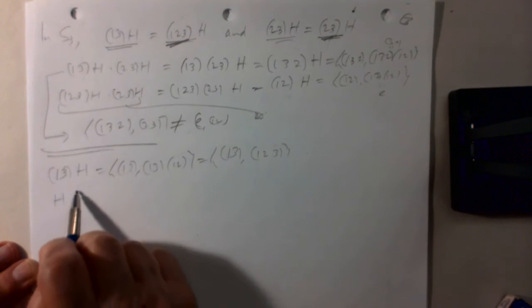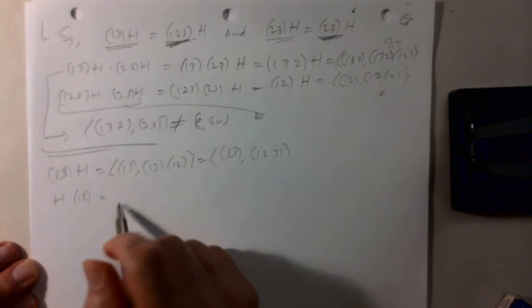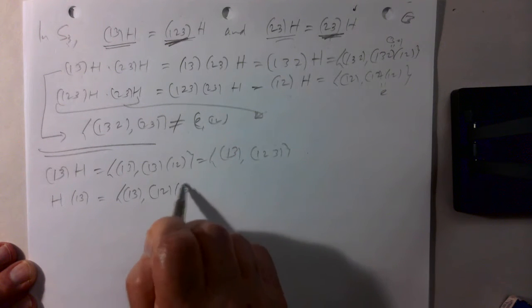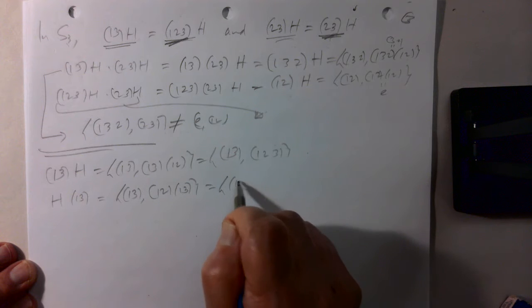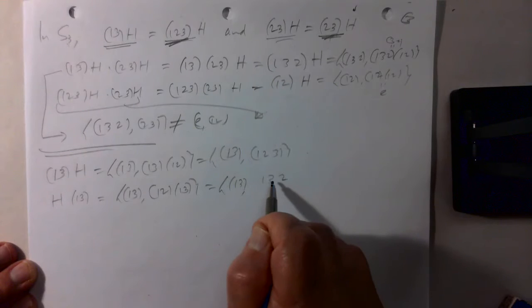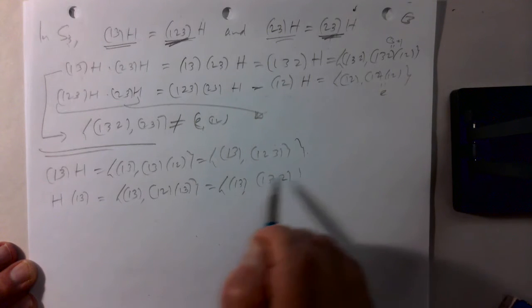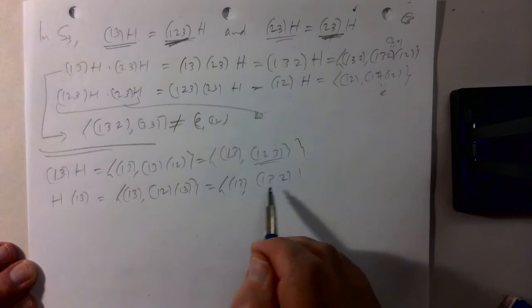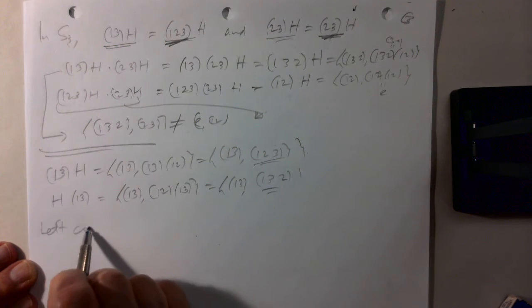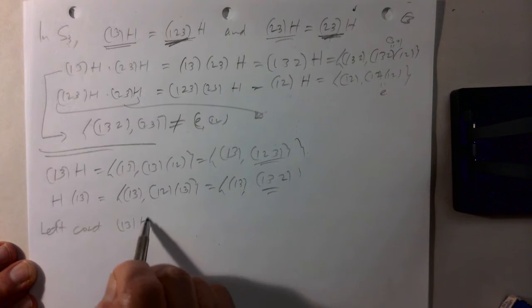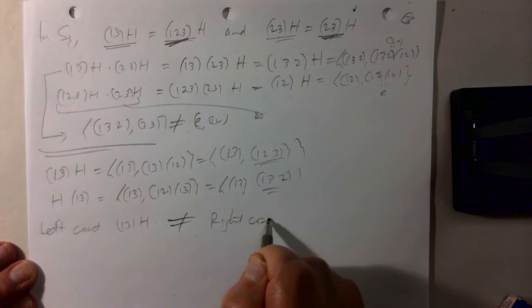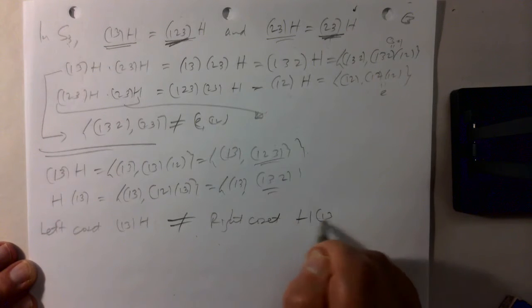Let me look at the right coset H(1 3). That consists of (1 3) and (1 2)(1 3). So that is (1 3), and this is 1 goes to 3, 3 goes to 2, 2 goes back to 1. These are different permutations. So the left coset (1 3)H is not the same as the right coset H(1 3).